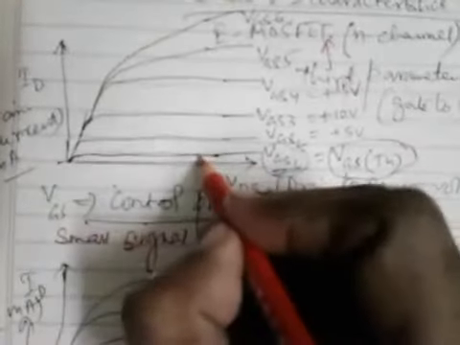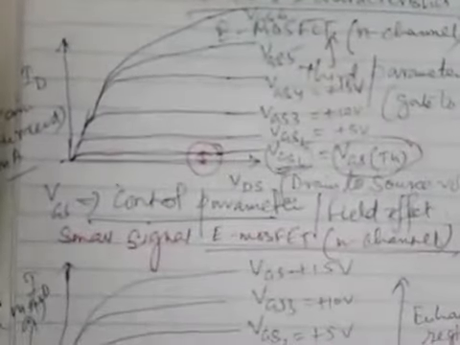So you can see that this particular drain current curve is almost grazing the voltage axis. That means the current value is almost 0, very negligible.